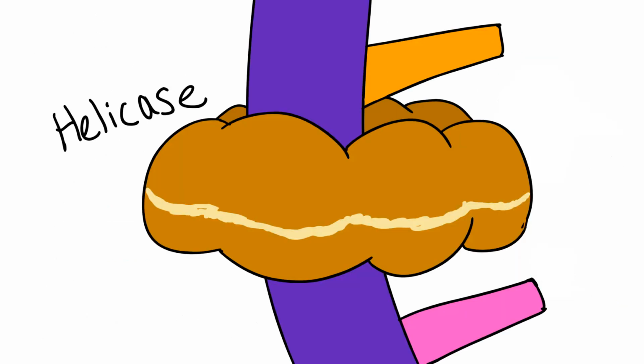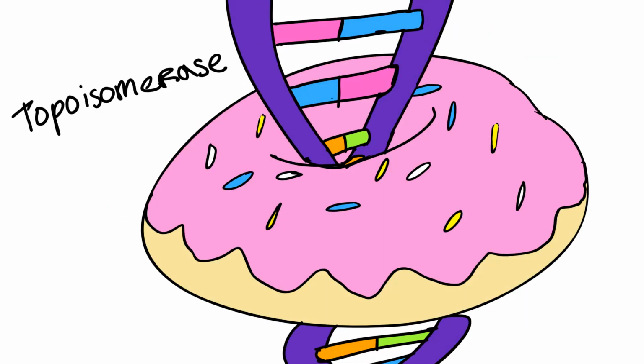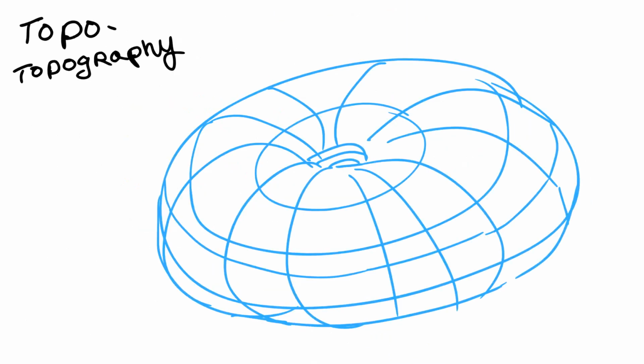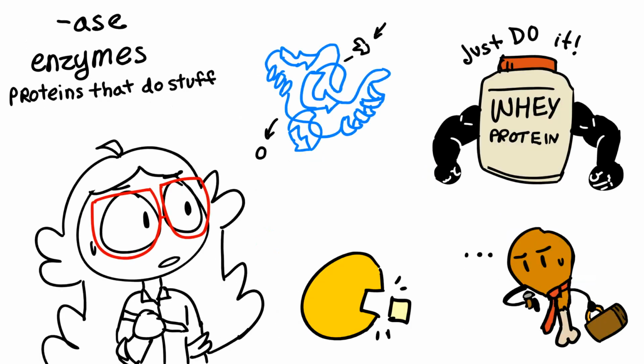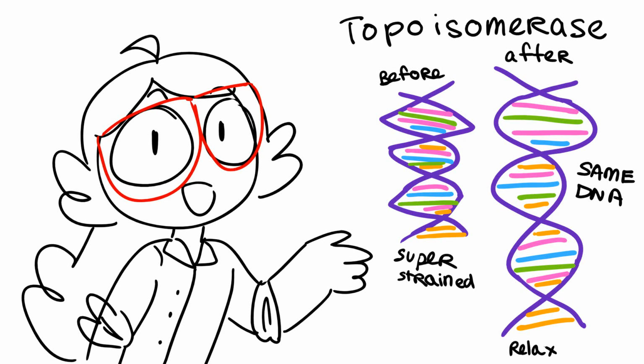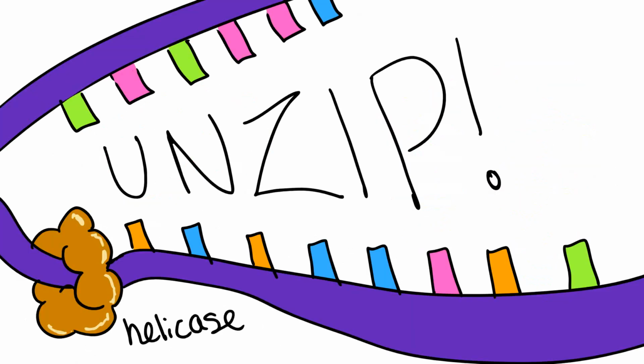Helicase opens up the helix, and topoisomerase, topography is the way that physical features are arranged, and isomers, different chemical arrangements of the same atomic components, and the suffix -ase, again, denoting enzyme. So DNA remains the same, but in a way that's more relaxed as the helicase opens it up.